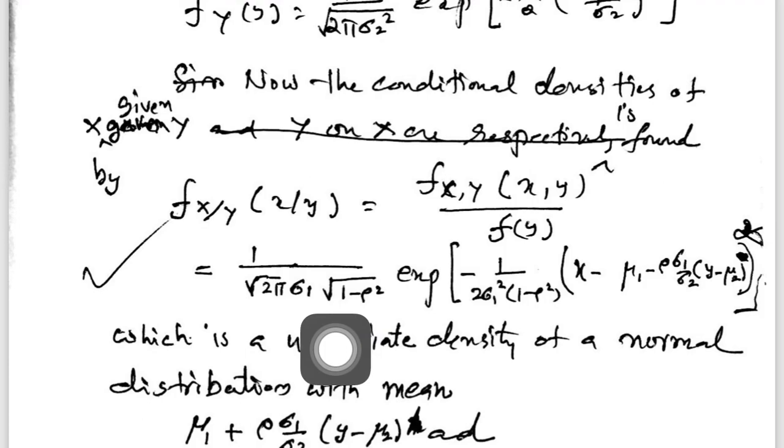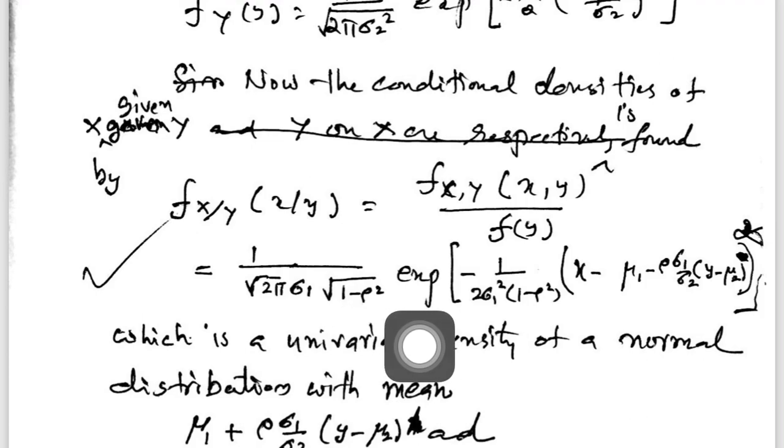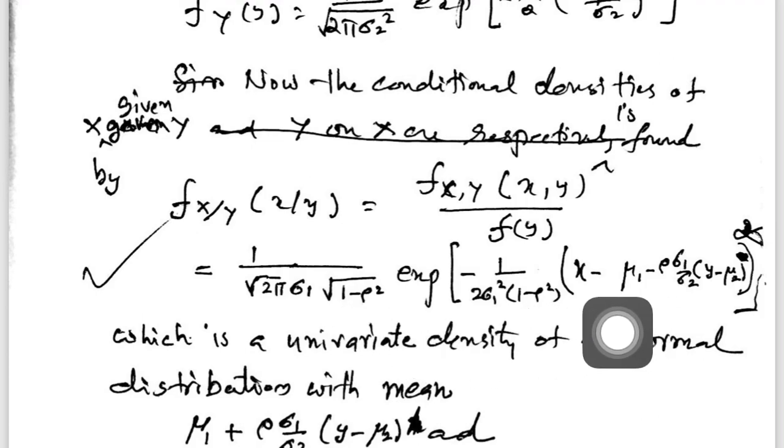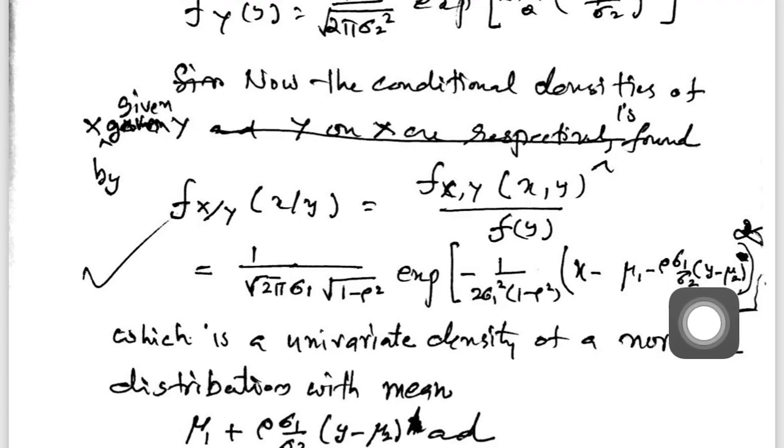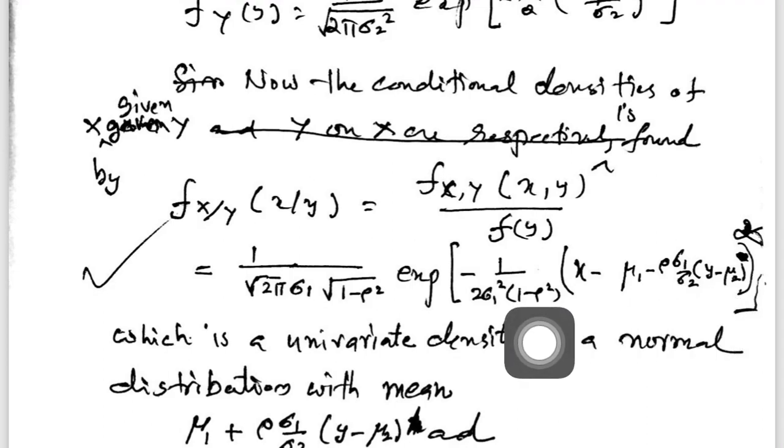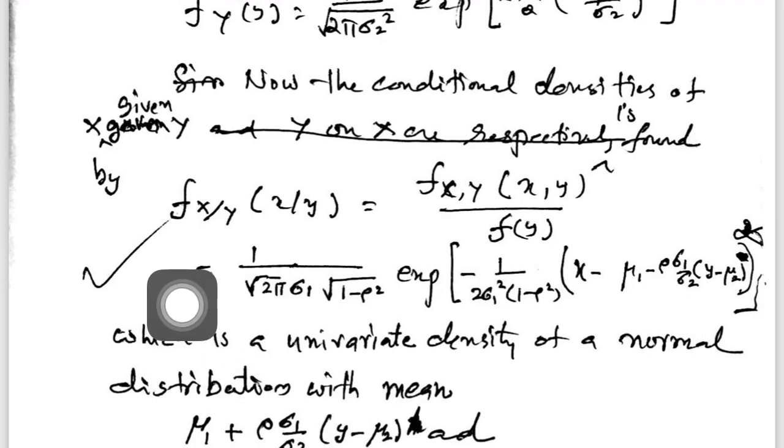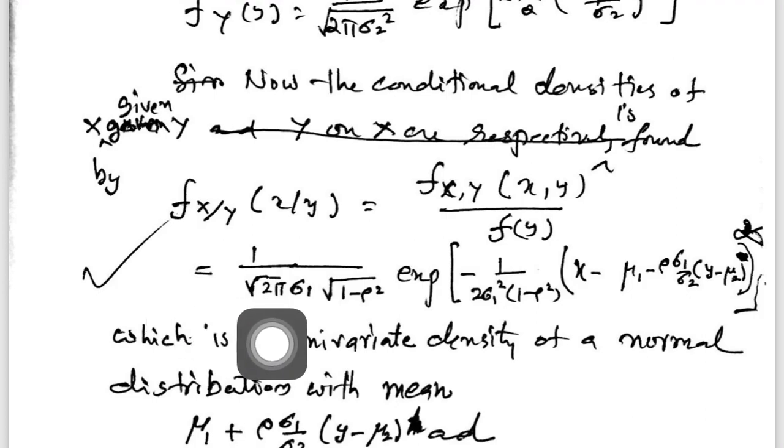You can see that the standard deviation is sigma 1 into root of 1 minus rho square, and the mean: here this is x minus mu 1 minus etc., so you can write x minus of (mu 1 plus rho into sigma 1 by sigma 2 into (y minus mu 2)).